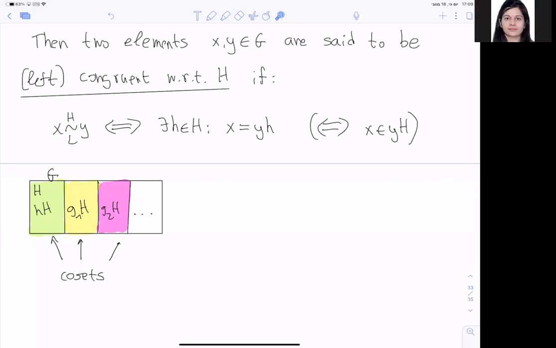The answer is no, because E belongs only to H, and you cannot be a subgroup if you don't contain E. So these are cosets, but they are not subgroups. They are shifts of a subgroup.